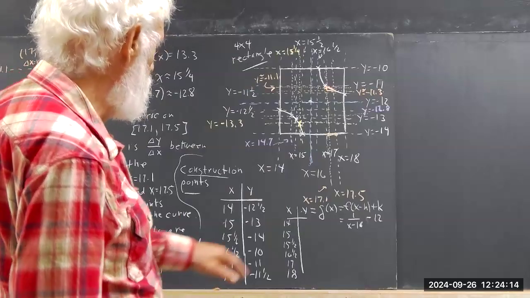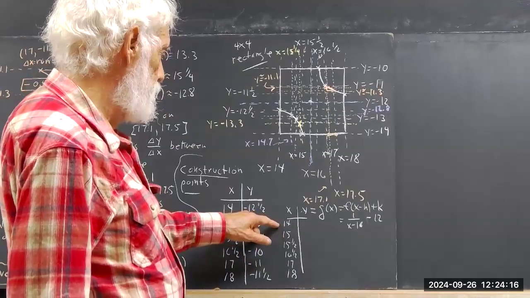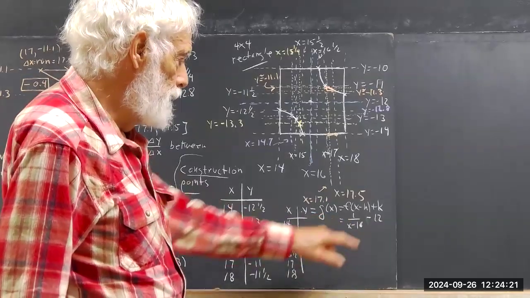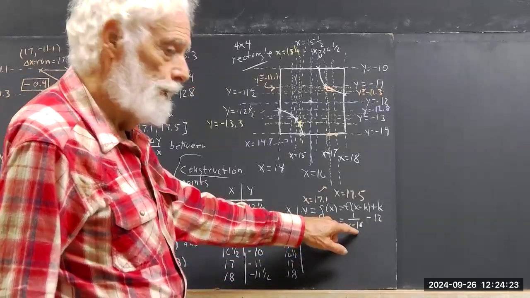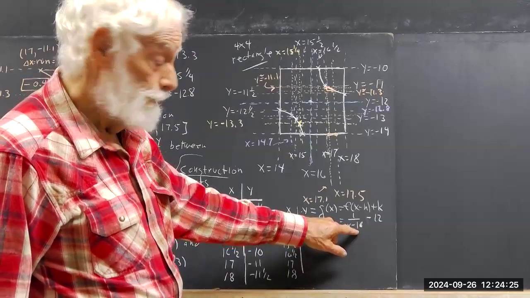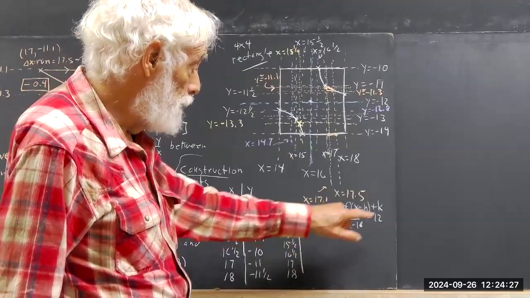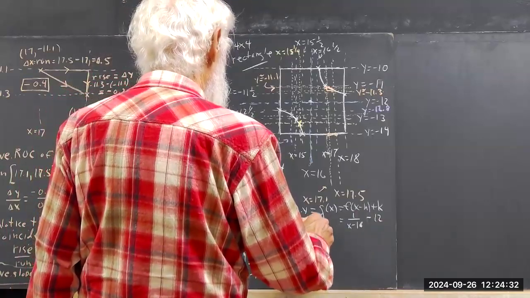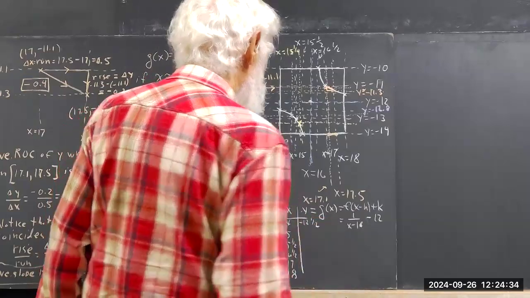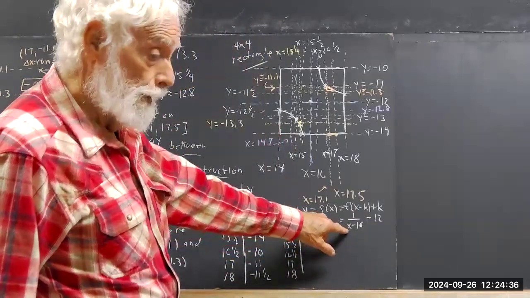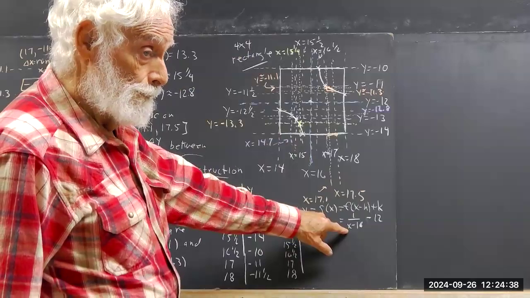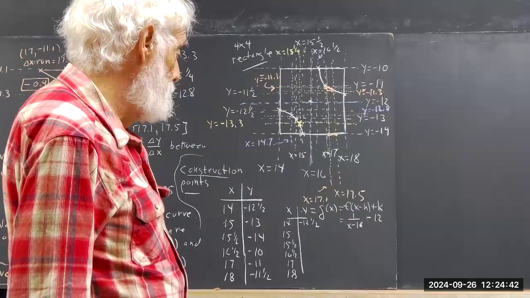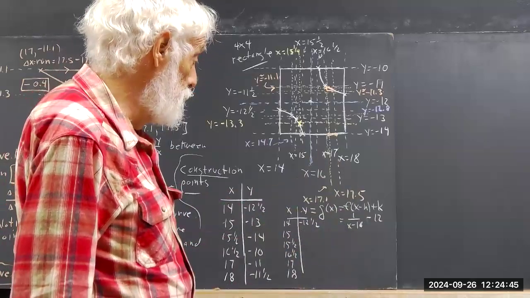Well, if we put in x equals 14, then what's x minus 16? 14 minus 16 is negative 2. And you do negative 1/2 and minus 12, you get negative 12 and a half. I'm not going to write that out, but you should. Just write out what you get when x is 14. You're going to do the subtraction, and you're going to get negative 2.